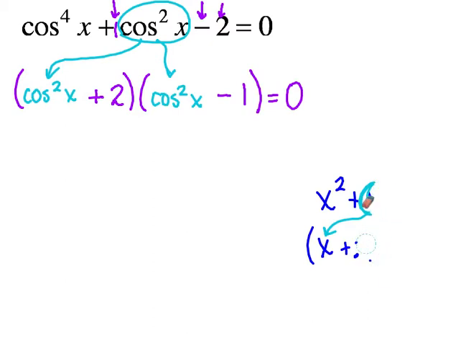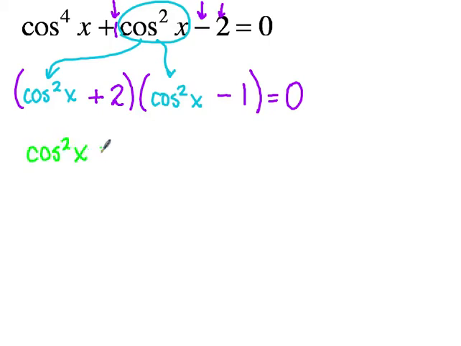Okay? So now, zero product property. Zero product property states that either cosine squared x plus 2 equals 0, or cosine squared x minus 1 equals 0. So you've got 2 sets of problems here. What do you do to solve this one over here?